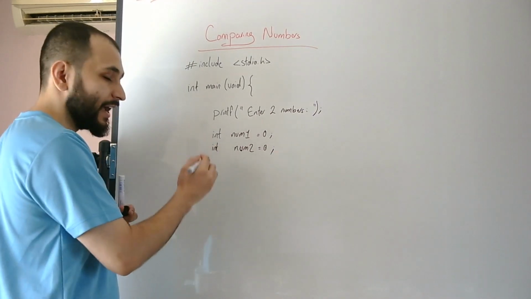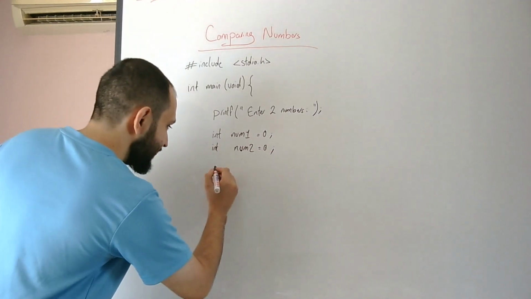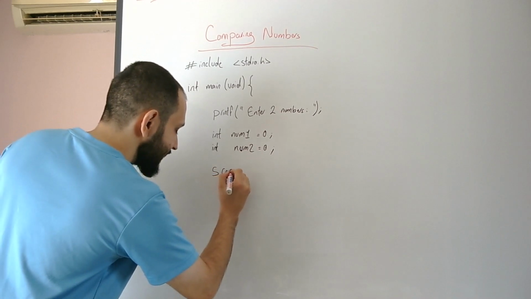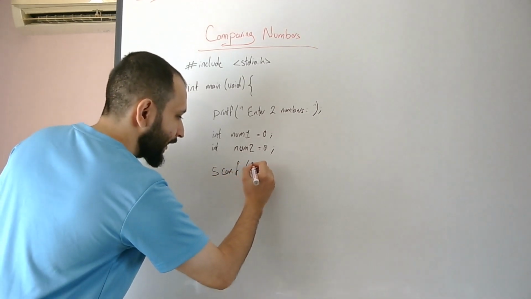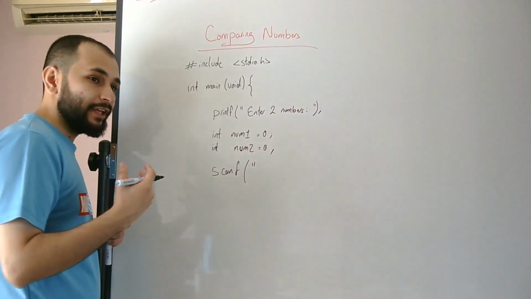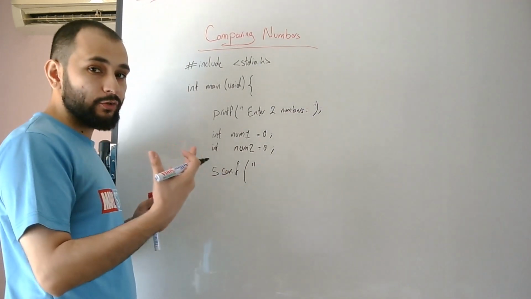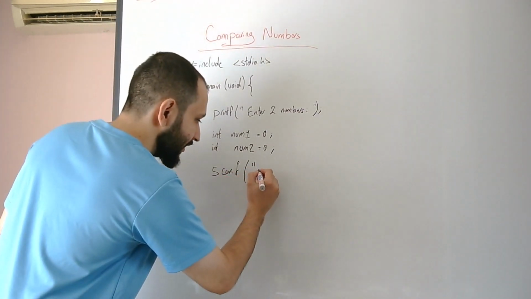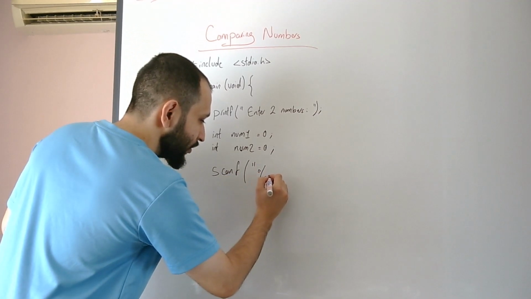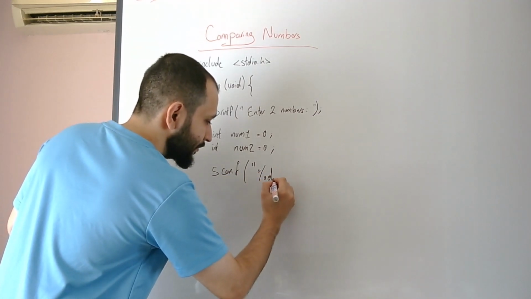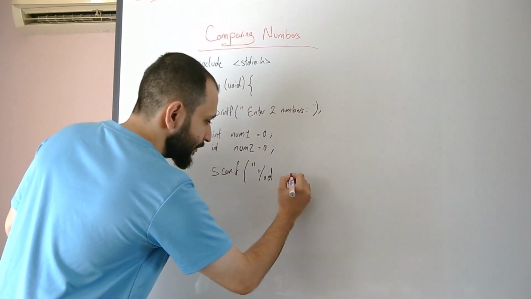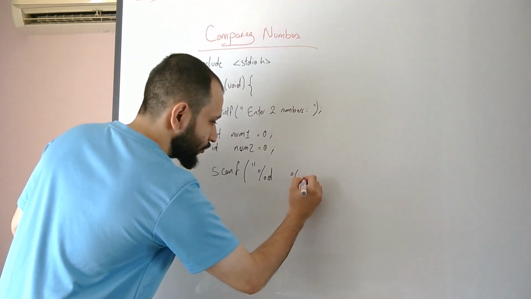Now that we have our variables, we can use the scanf function. We will give the format in which the numbers are going to be presented to us. The format is going to be an integer number, separated by a space, and another integer number.